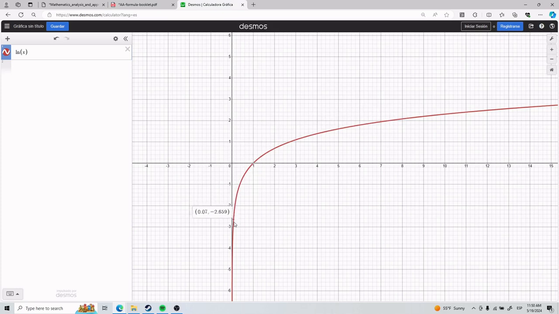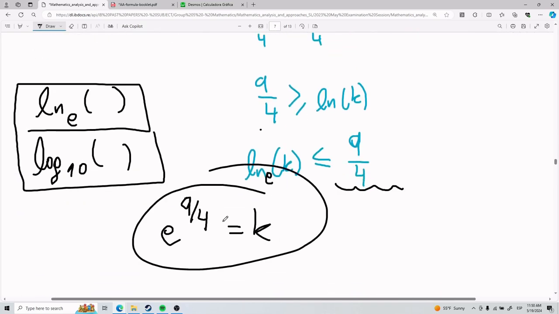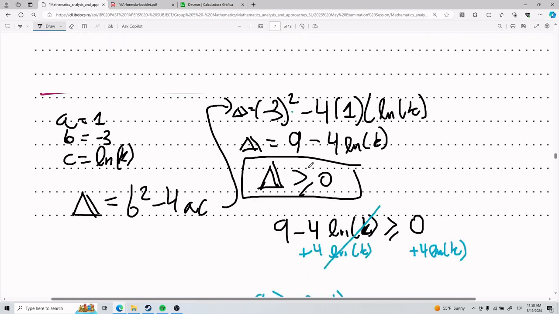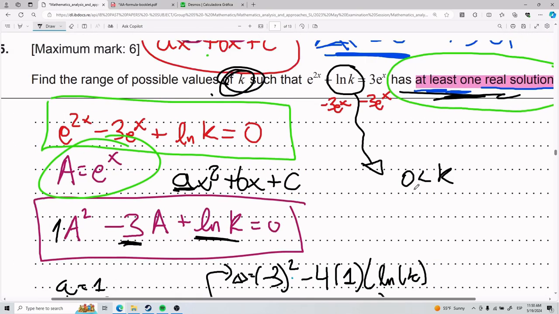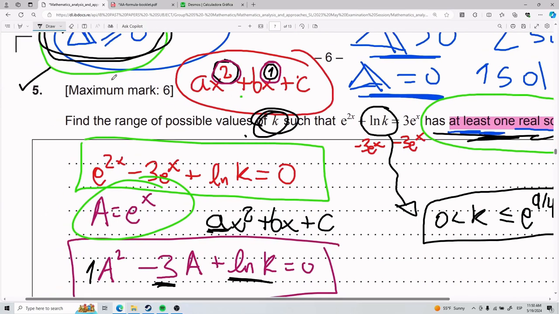I have negative y values, yes, but not a single negative x value, because what's inside my parentheses has to be positive. And so that immediately tells me that k has to be greater than 0. And I just found out from down here that the maximum value k can take is e to the power of 9 over 4. So k has to be greater than 0, and also less than or equal to e to the power of 9 over 4. And that, ladies and gentlemen, is how you do number 5.